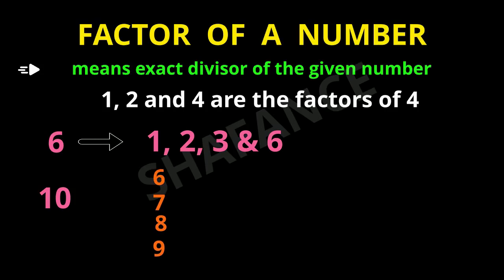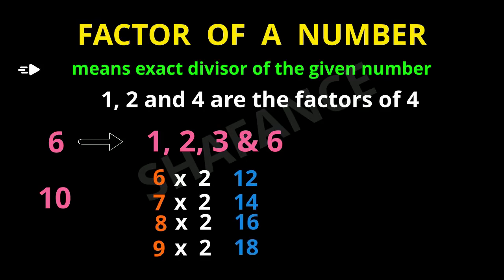The product will be the number itself, that is 6, 7, 8 and 9. And when we multiply these numbers by 2, we will get 12, 14, 16 and 18. These numbers are greater than 10. So that means these numbers, that is 6, 7, 8 and 9, do not exactly divide the number 10.